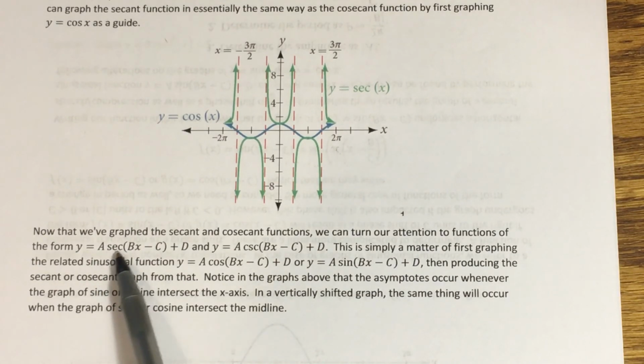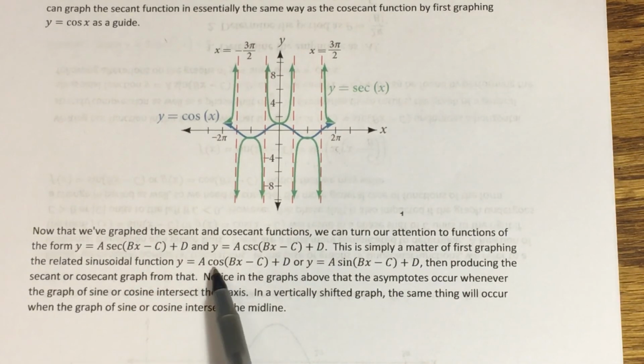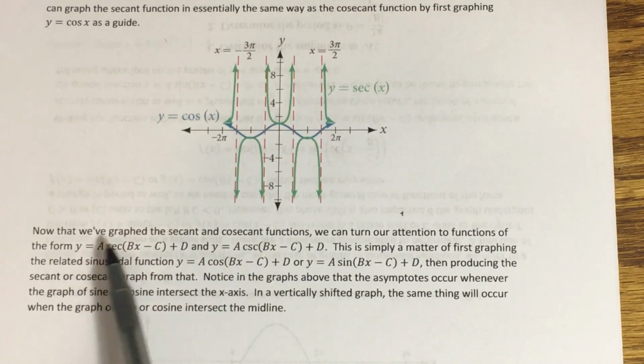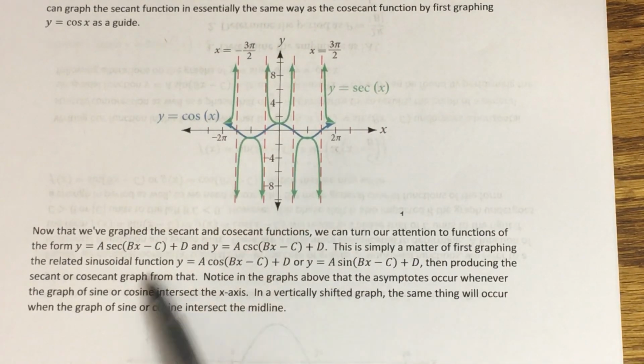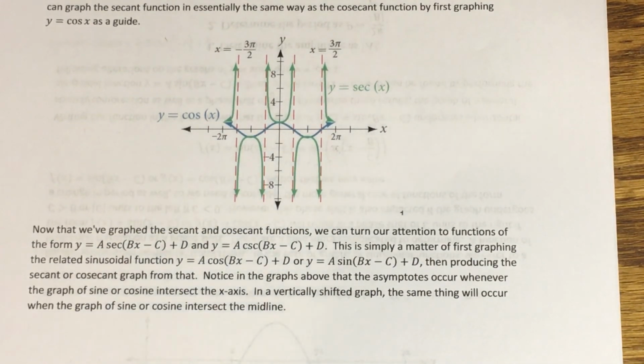If we're trying to graph a secant function, start by graphing a cosine function with the same a, b, c, and d as we had here. That cosine function will act as a guide for how we then sketch the secant function, and similar for sine. So let's run through some examples here.